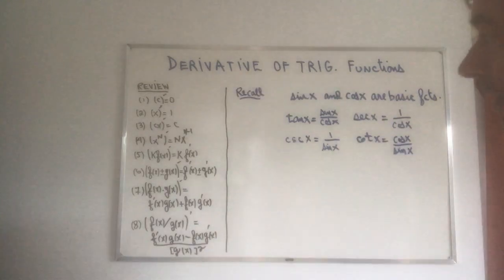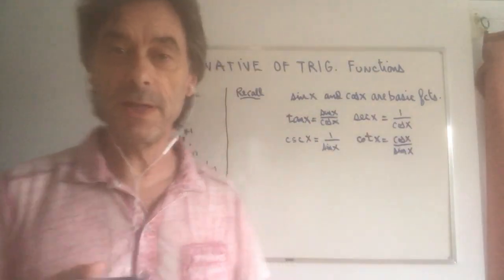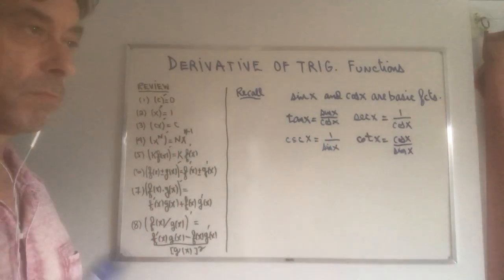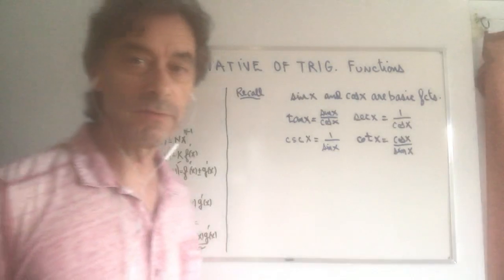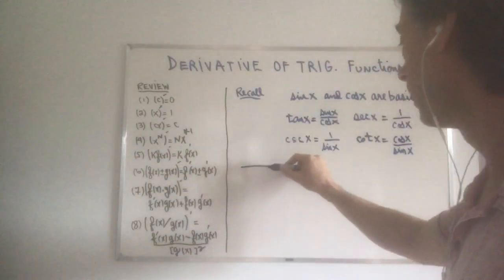Okay, well, that is a very short review, but it's also what we're going to need in order to move forward with the derivative of trig functions. So that's the end of the recall. Let us draw a line here.